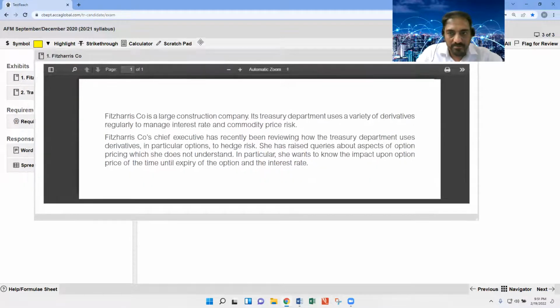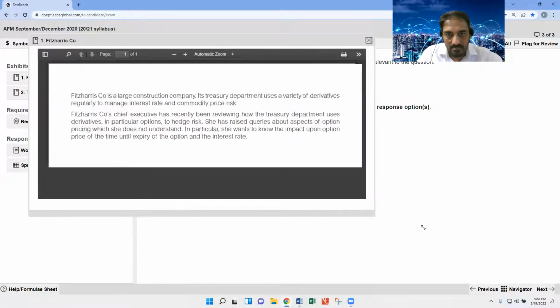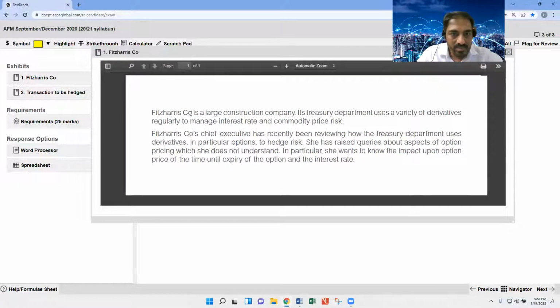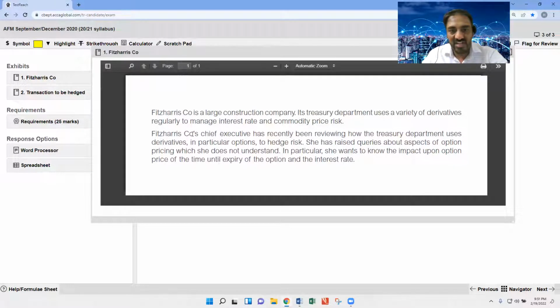Start the question. Fitz Harris Company is a large construction company. Its treasury department regularly uses a variety of derivatives to manage interest rate and commodity price risk. The chief executive has recently been reviewing how the treasury department uses derivatives, in particular options, to hedge risk.